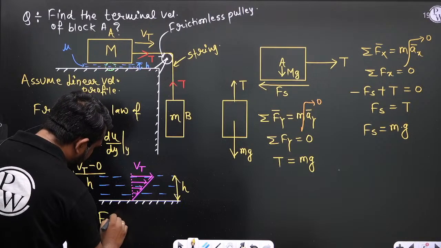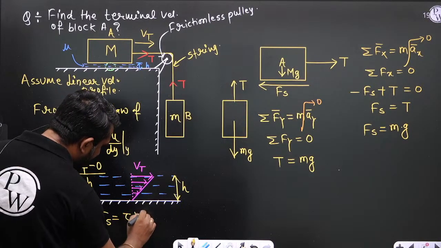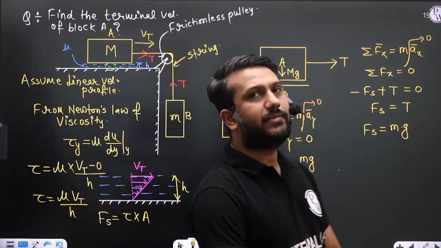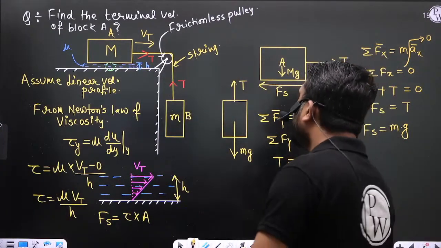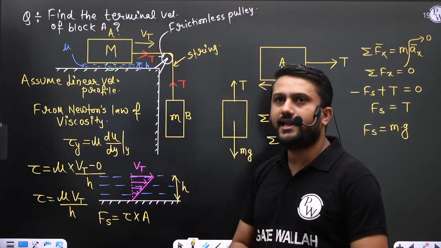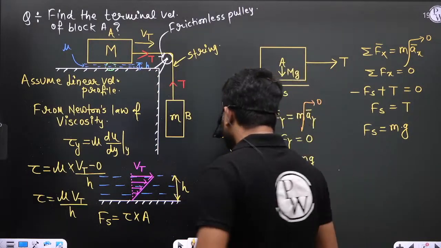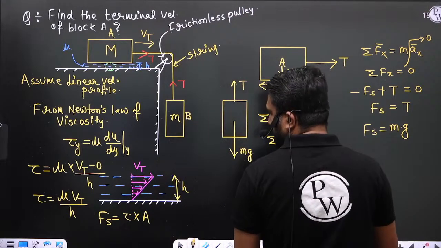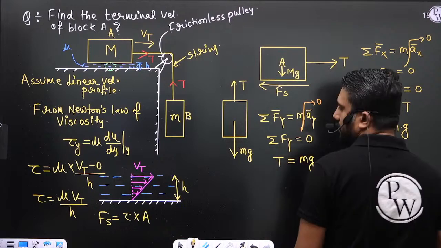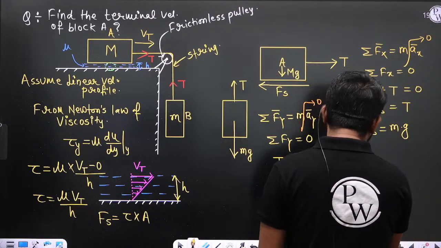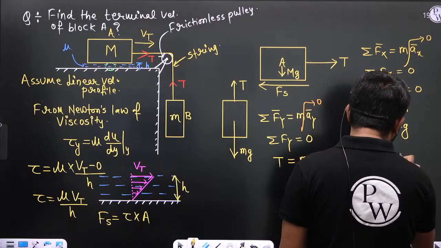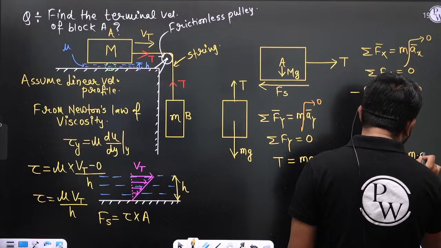So shear force is equal to tau multiplied by A. Shear force is equal to shear stress multiplied by area, which is the area of block A in contact with the fluid. Now tau is mu Vt divided by h, multiplied by area, equal to m multiplied by g.